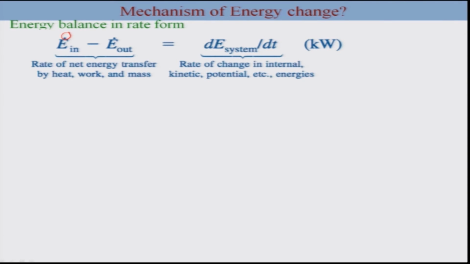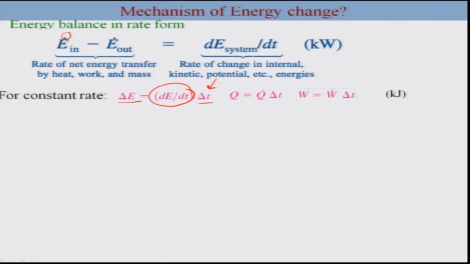Okay, so that will be E dot in minus E dot out equal to dE system by dt. Okay, so if the rate is constant, then you can find the change in the energy of the system by simply multiplying this rate by the specific time difference, and same with the heat, same with the work.